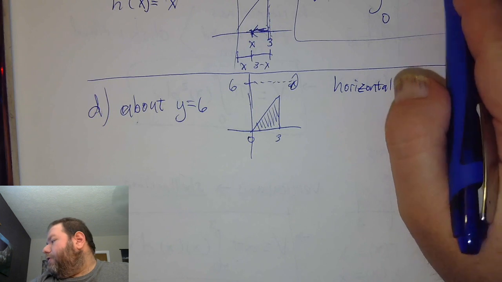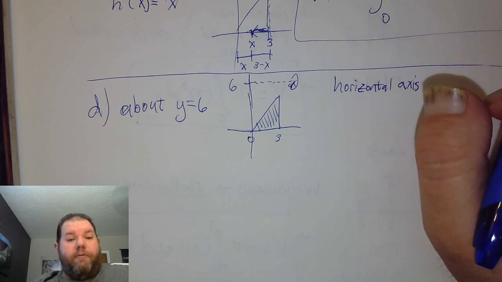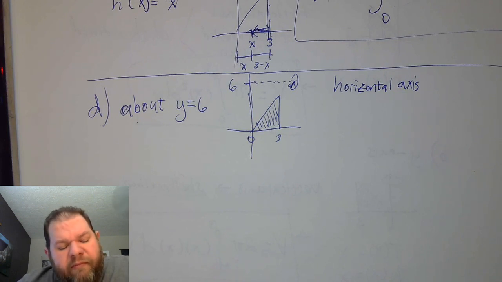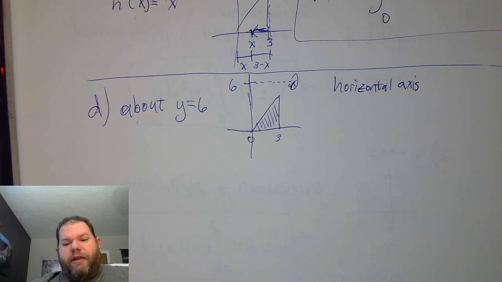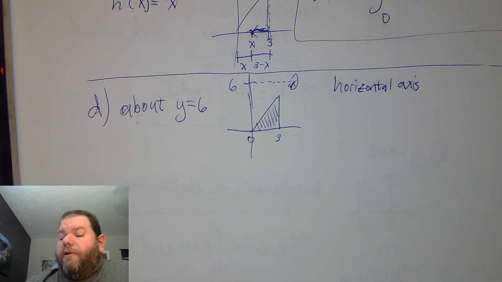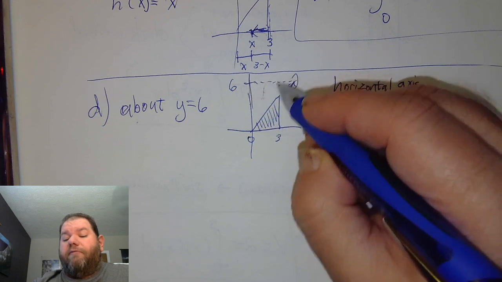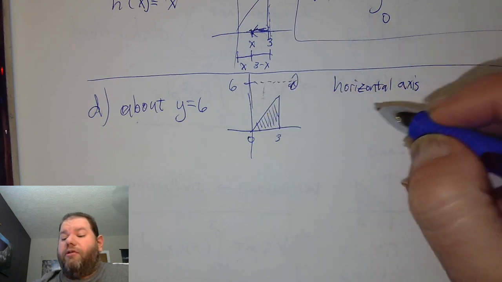Shell method we only want to use for vertical axes, as we did in part B and C. Sorry. Anyway, the other thing is that we see that there's space between our axis of revolution and the shaded region.